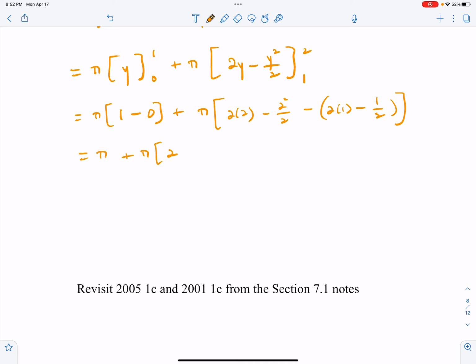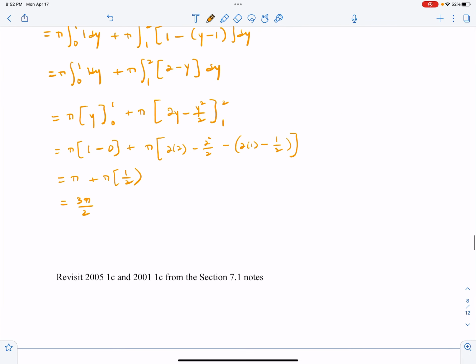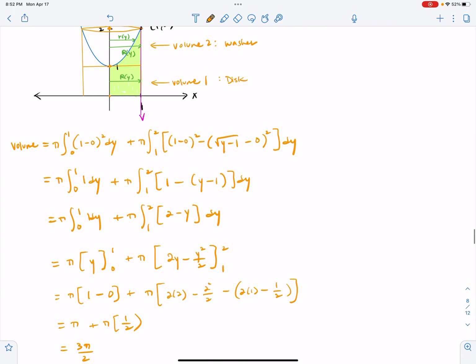So 2 minus 3 halves would be 1 half. So is that 3 pi over 2? I think it's 3 pi over 2.